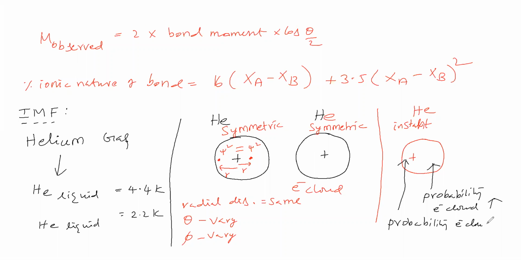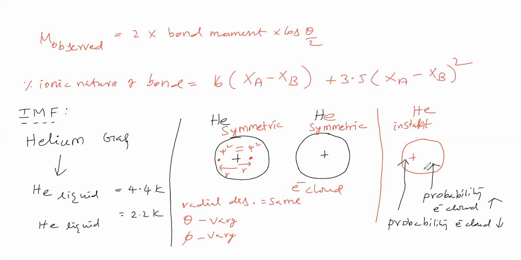This takes place to a very small extent; the difference is very slight, not much, and it is only at a given instant. It is not permanent. With the helium nucleus here, this side has a high probability of electron cloud and this side has a lower probability, for a given instant only; it is not permanent, it is not constant.